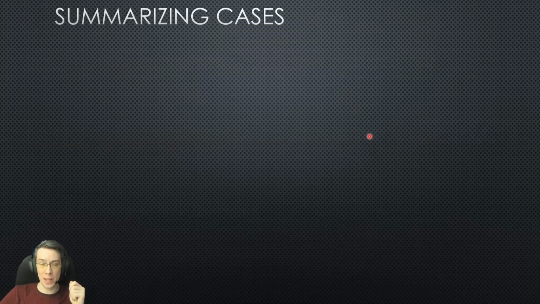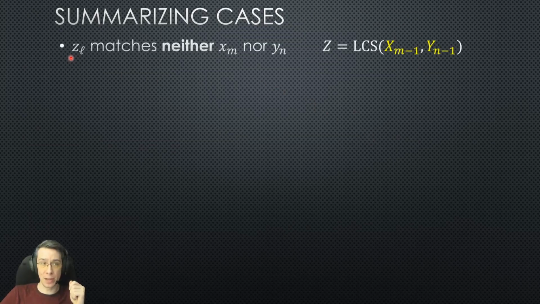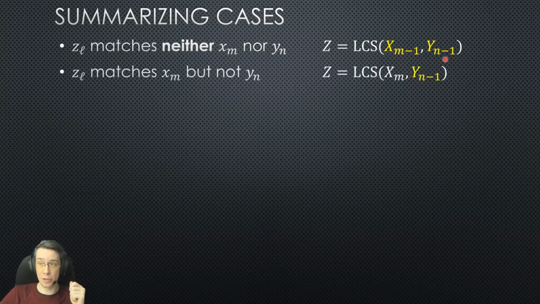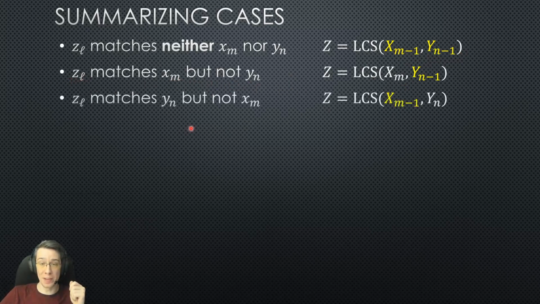Okay, so let me summarize these cases. We just saw the last character of z matches neither of the last characters of x and y, in which case we chop off the last characters of x and y and recurse on smaller subproblems in each case. Each of these is smaller. Or we see z_l matches one of these but not the other, and we chop off the one that doesn't match. That's these two cases. We chop off the last letter that doesn't match.